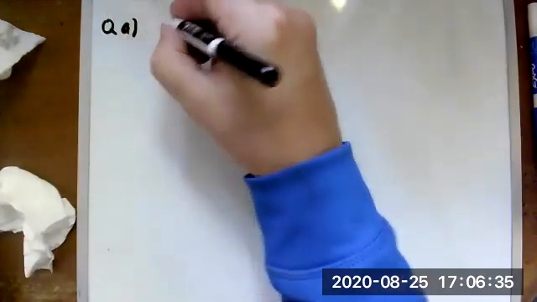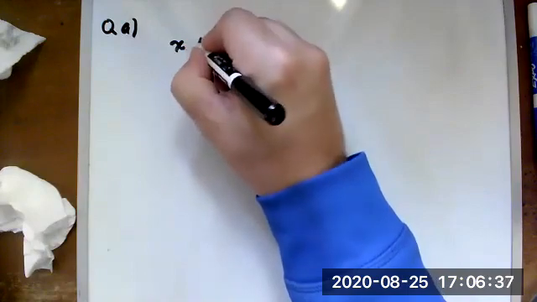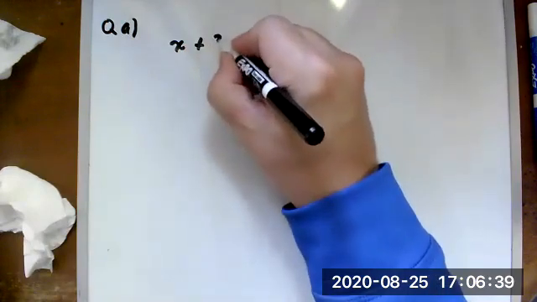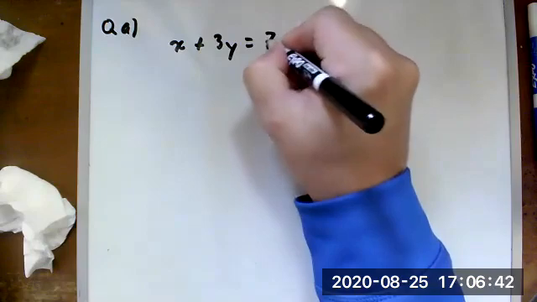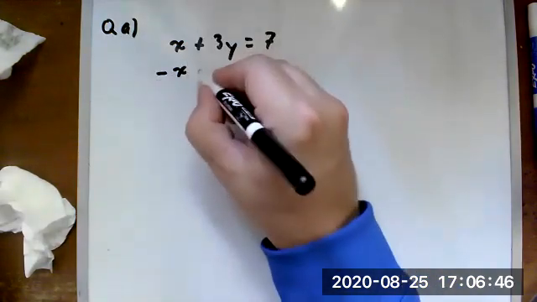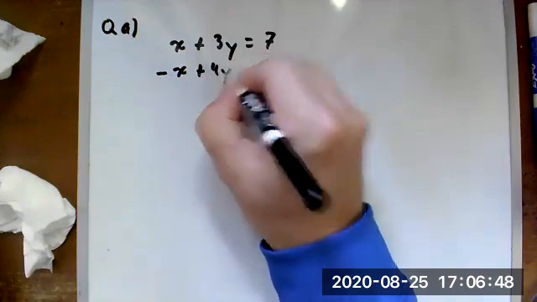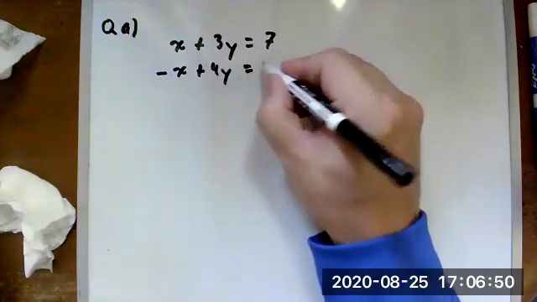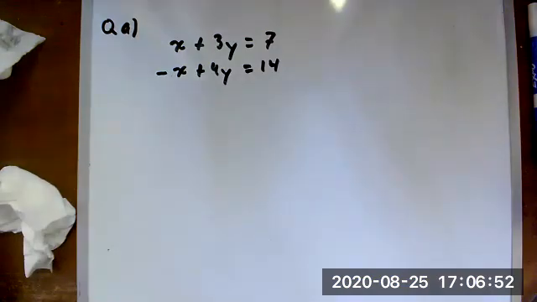So 6a gives us two equations. It gives us x plus 3y equals 7, and then negative x plus 4y equals 14.